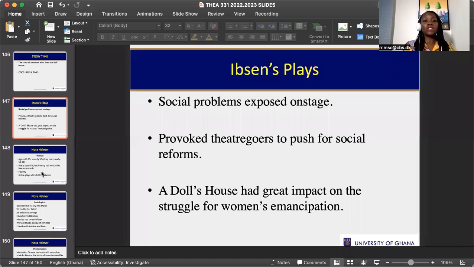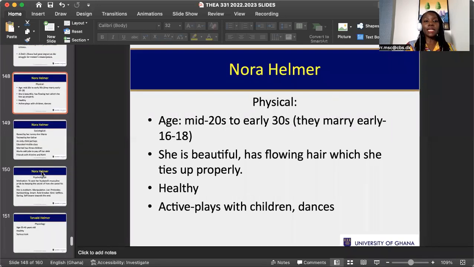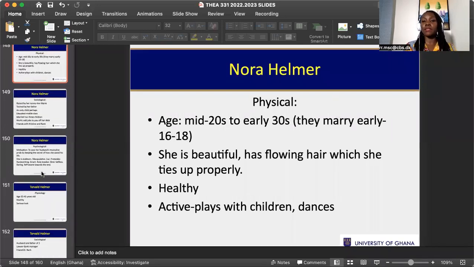Okay. And so let's look at Nora's character. Because at the time they married early, maybe she married between the ages of 16 to 18. So we can say that Nora is maybe within her mid-20s to early 30s. Okay, but definitely maybe late 20s. And we know from the play that she's beautiful.